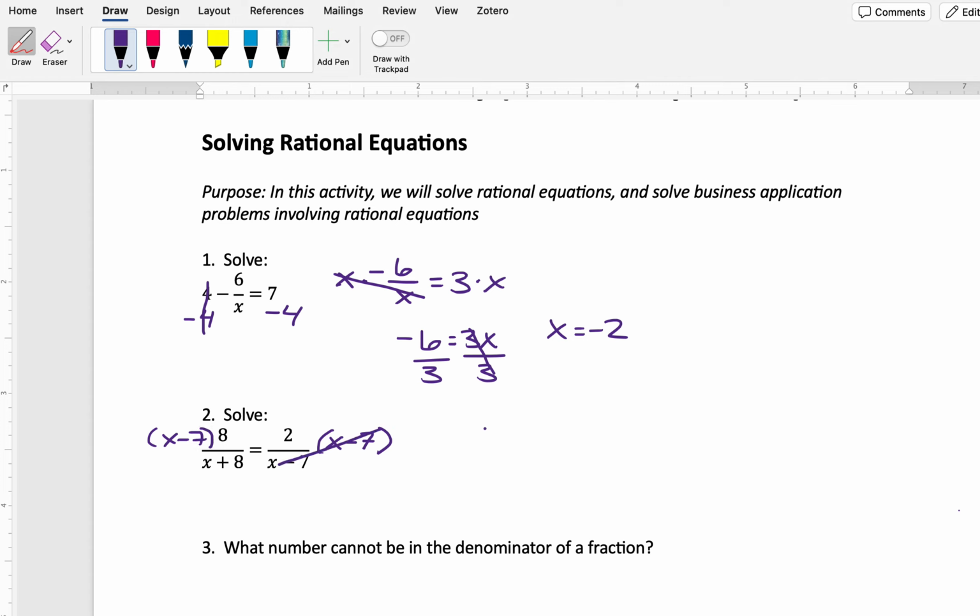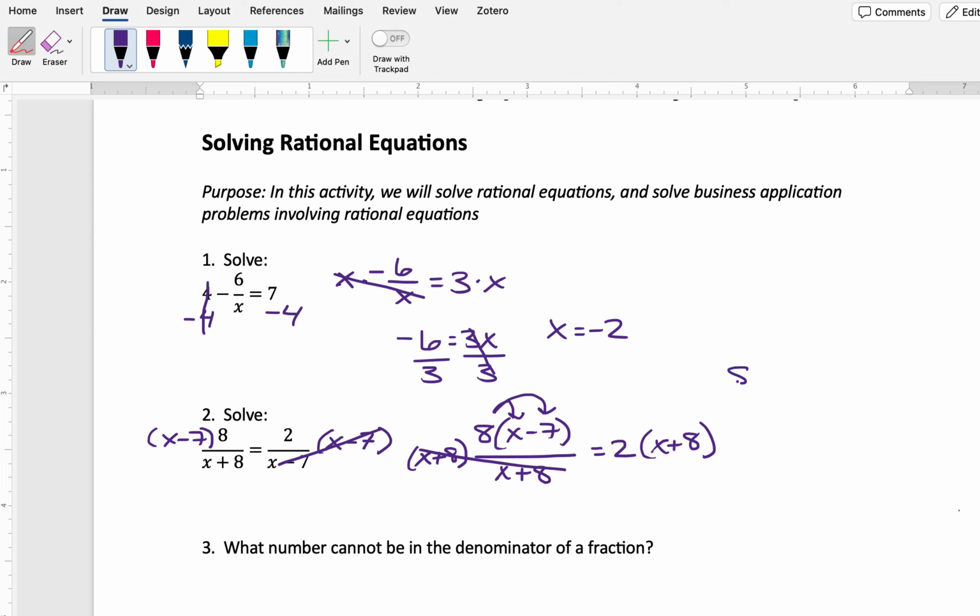So on the left, I'm going to have 8 times x minus 7 over x plus 8 equals 2. Now I'm going to get rid of the x plus 8 by multiplying both sides by that. So now I'm going to distribute these parentheses out, and this turns into a solving problem similar to what we've done before.